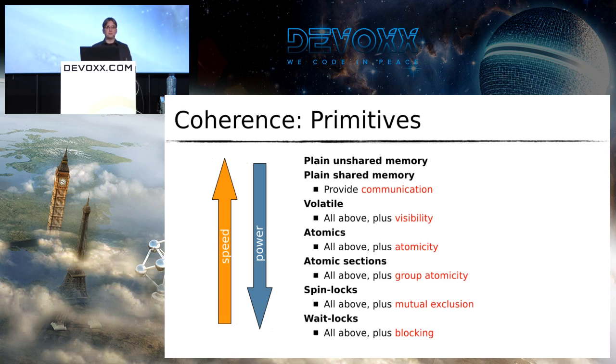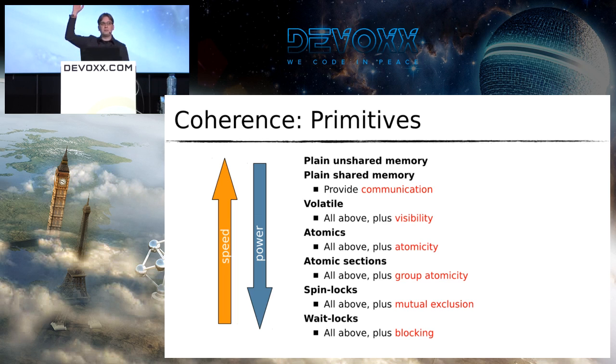So it's more powerful, but it's also slower because you start to expose the communication patterns, you start to mess with the cache coherence issues, etc. Volatile is a more powerful primitive, which provides you, in addition to the communication, the visibility guarantees for this. So it's much more powerful than plain shared memory, but it costs you more.